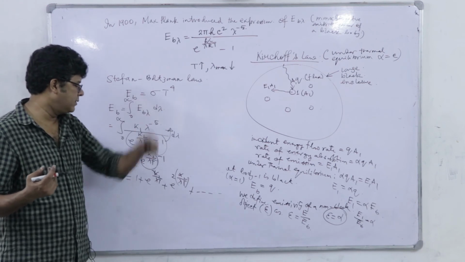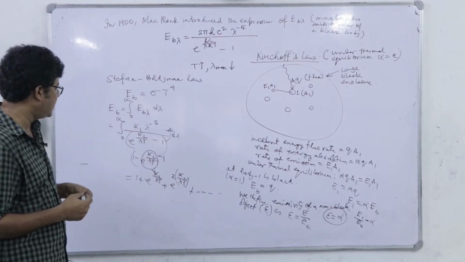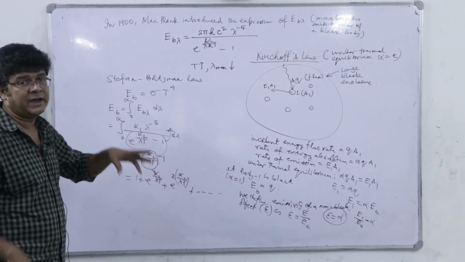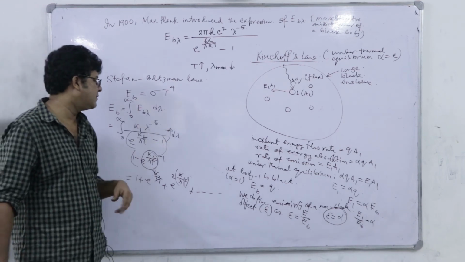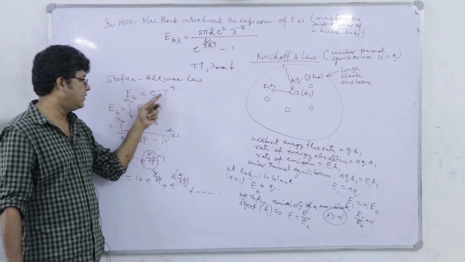So, I will go on writing this, and for each term I have lambda to the power minus 5, right. So, for each term in this infinite series, it will be a kind of gamma function. So, it will be an infinite sum of gamma functions, from where we can actually get this form.